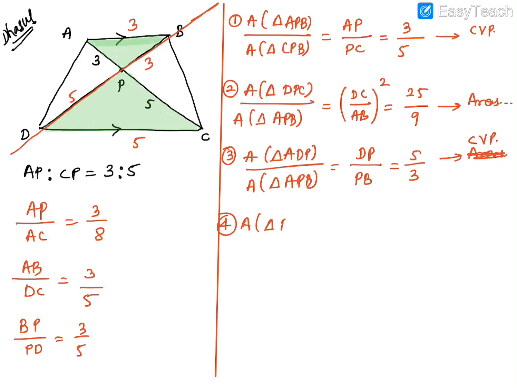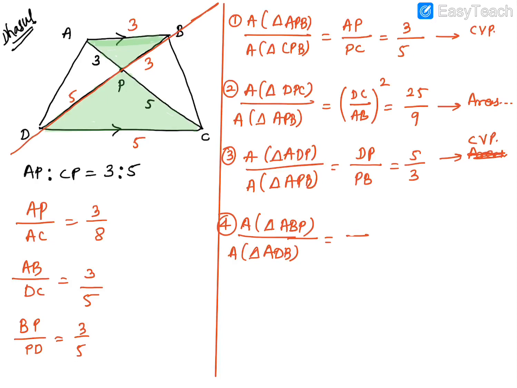Then fourth one, what is the ratio of area of triangle ABP upon area of triangle ADB? ABP is how much? ABP is 3 and ADB. So first we'll have to identify the triangle.